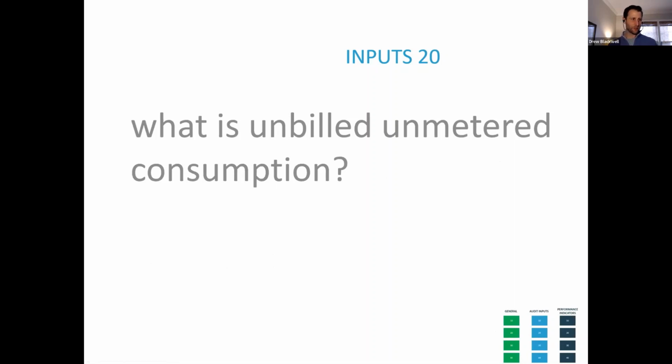Nice job, Nicole. So for unbilled, unmetered, typical uses are flushing and fire suppression, but it may vary from system to system. It's whatever your policy dictates is exempt from billing and is not metered. Street sweeping could be another one, but those common uses are flushing and fire use.